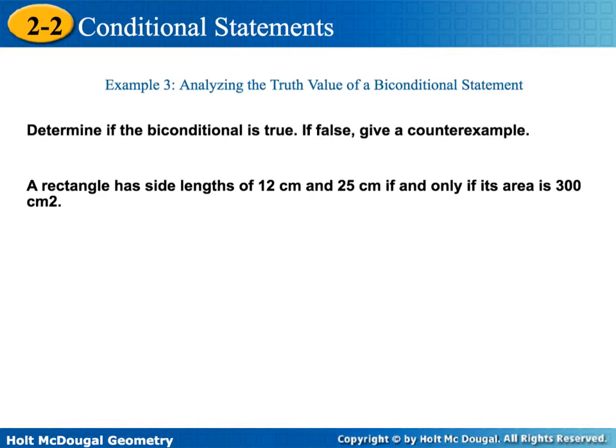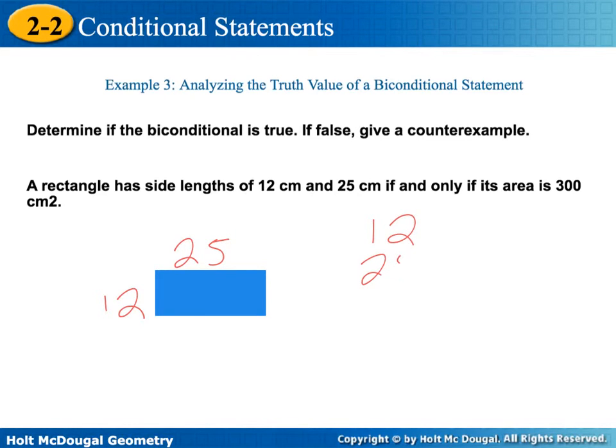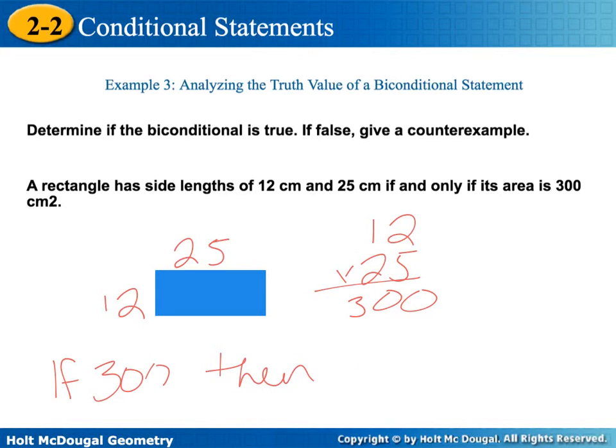So what this is saying is that we've got this rectangle here, and this is 12 centimeters, and this is 25. Now, if I found the area, 12 times 25, I do get 300. So that's true. If a rectangle has those side lengths, then it should equal that. But is it necessarily true that if the area is 300, then it has to be a 12 by 25? Is there any other side lengths that could be true?